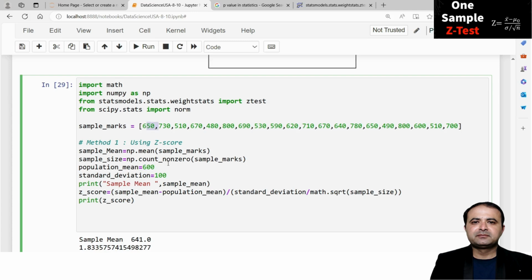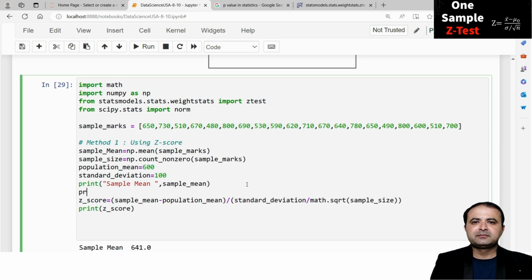And in this data, the standard deviation of the sample, like np.std of sample.